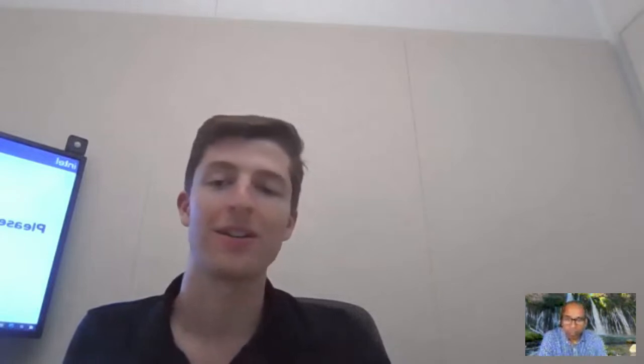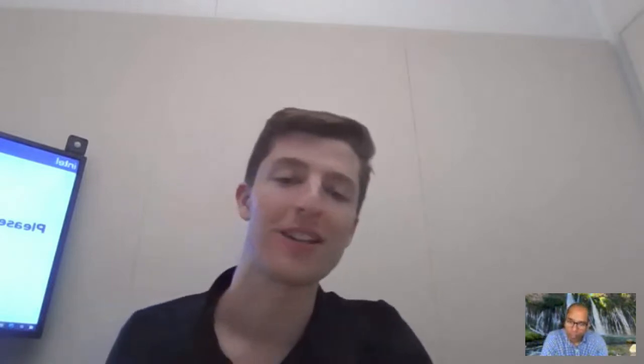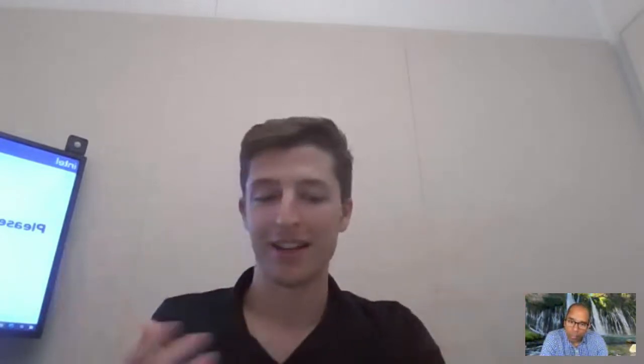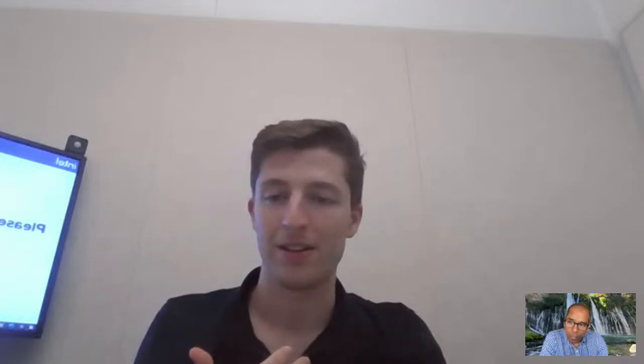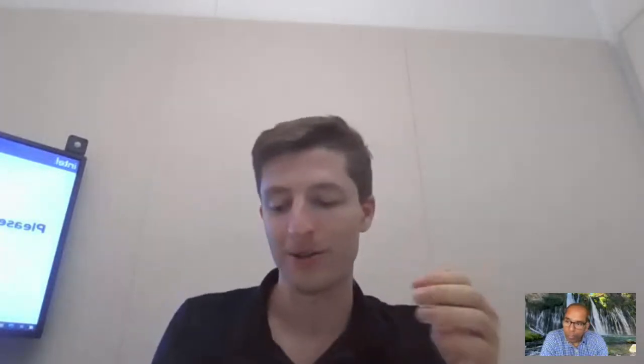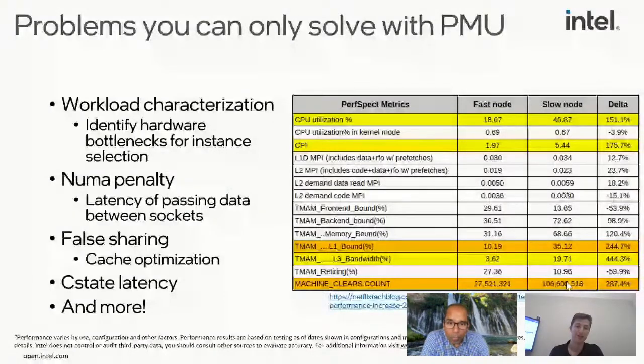So start taking advantage of it and use it to characterize your workloads and start doing performance optimization. You can optimize your workloads so much more when you can view it from a hardware perspective. It's just a whole other angle to view your own workloads from.